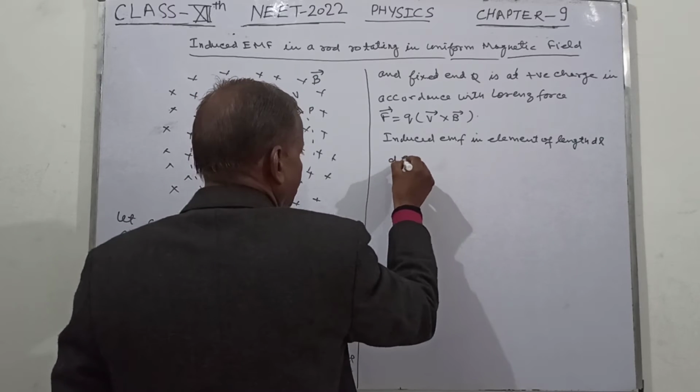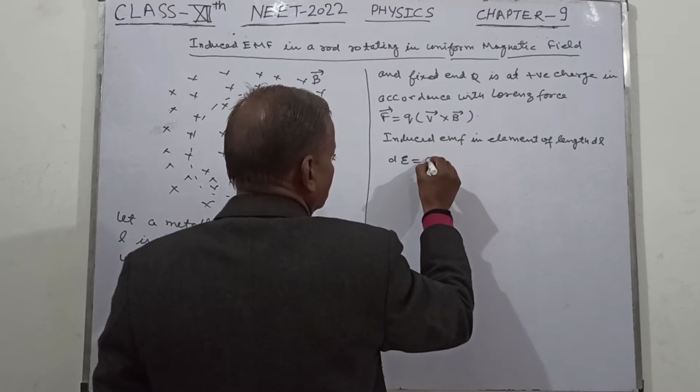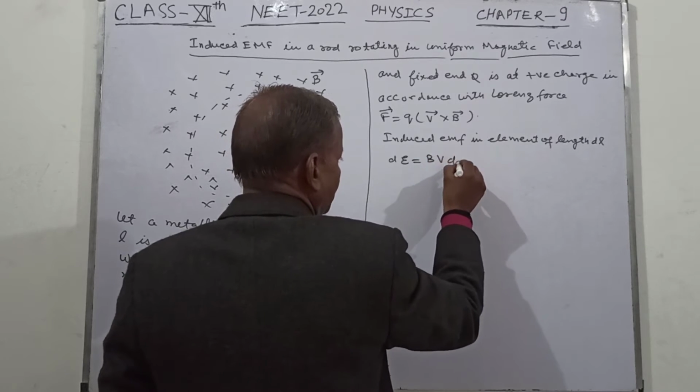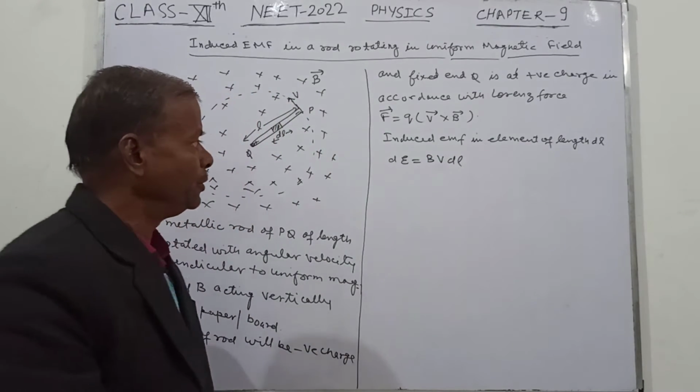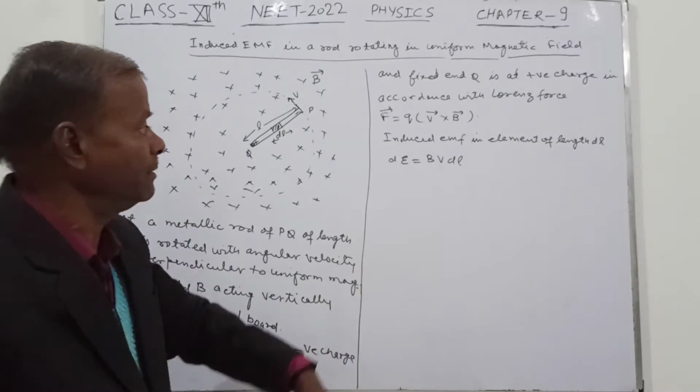Now this dE equal to B v dl. In place of v we will write the velocity.